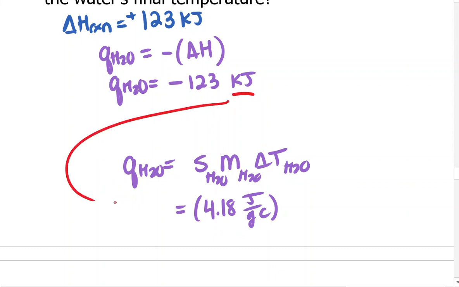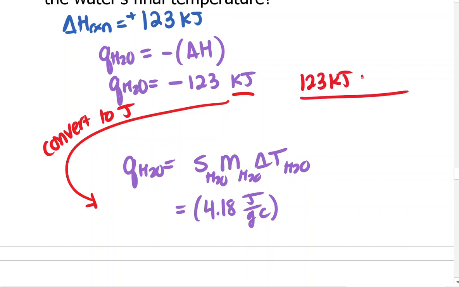So you can do that different ways. But you're basically multiplying by 1,000.